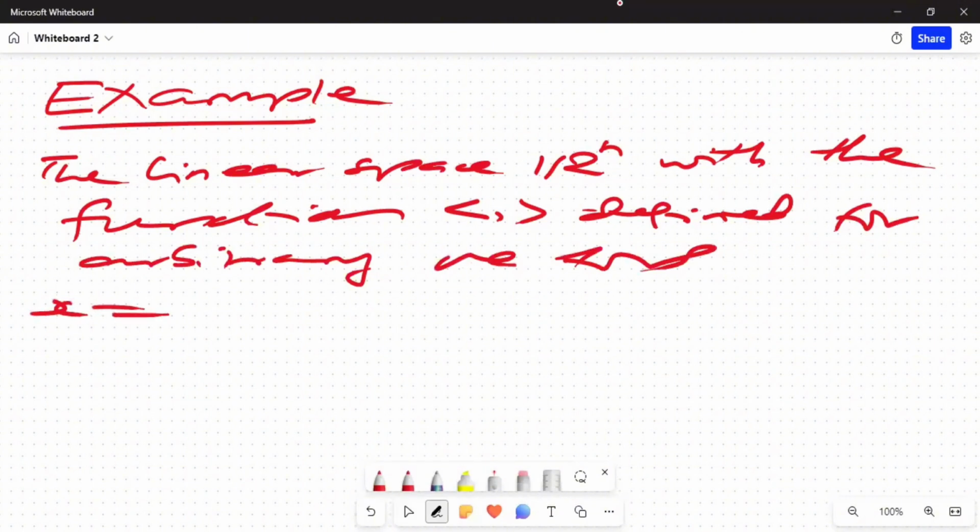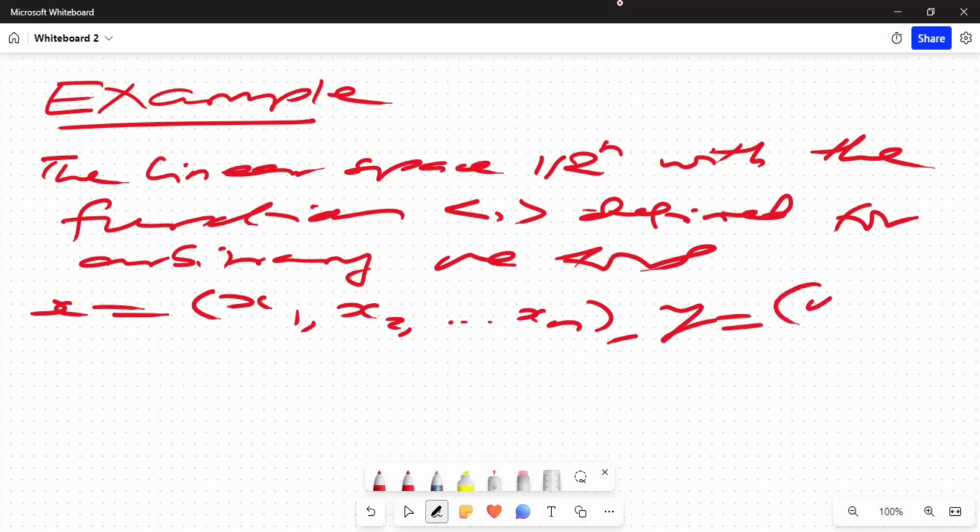In Rn, arbitrary vectors are n-dimensional. So if you pick x, a vector, it will have n dimensions: x1, x2, up to xn. If you also pick y, it's also going to be n-dimensional. In other words, you have y1, y2, y3, up to yn. These are objects in Rn.